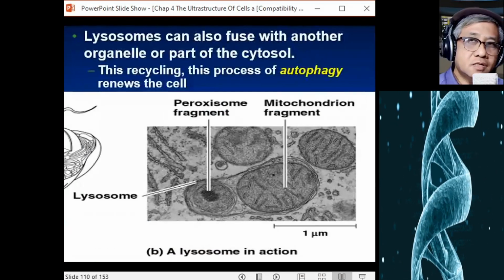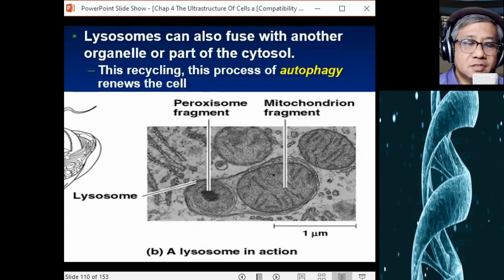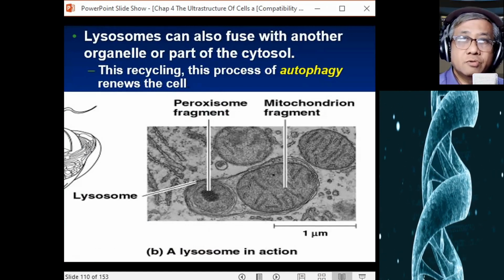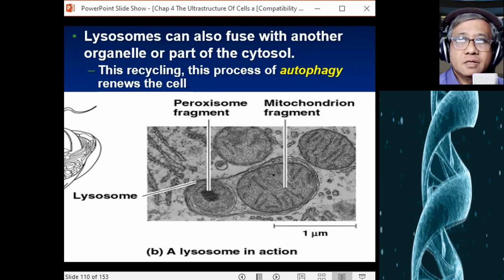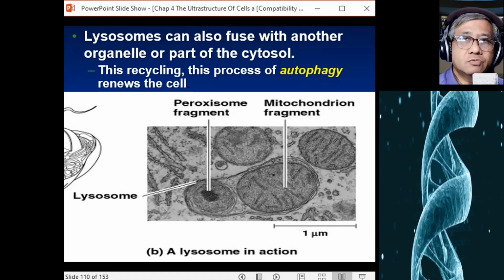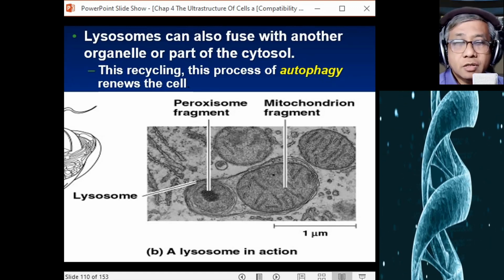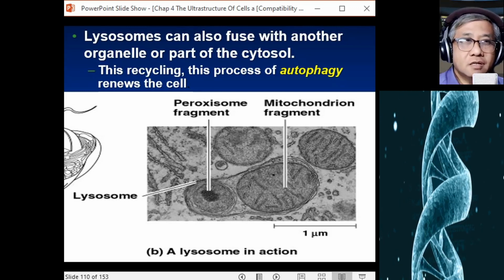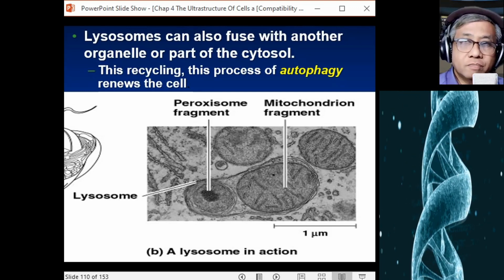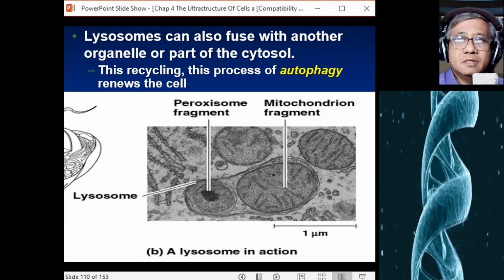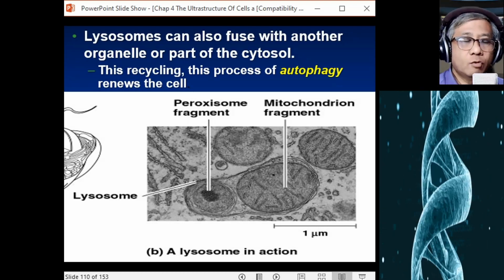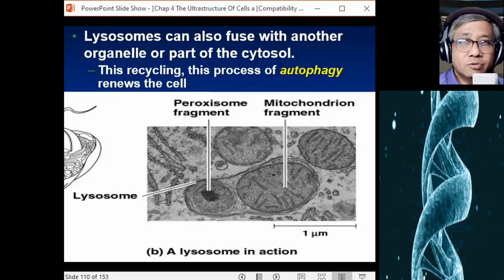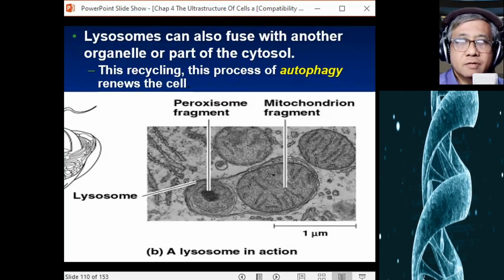Another function of the lysosomes is autophagy. The enzymes in the lysosome can break down worn out organelles. Lysosomes can fuse with a worn out organelle, say a worn out mitochondrion, and recycle the organic compounds. So this recycling of worn out or destroyed organelles is called autophagy.